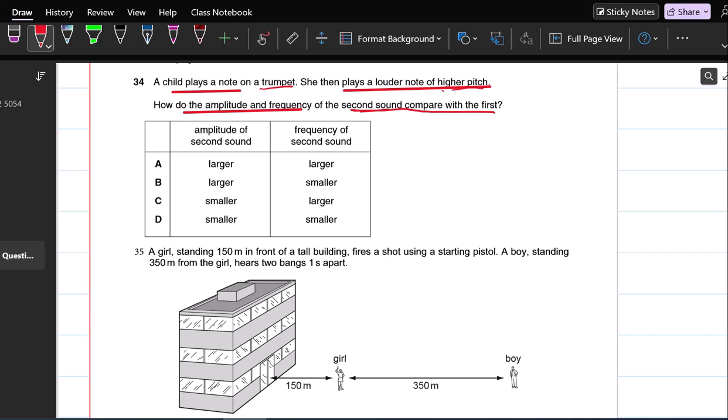Higher the pitch means higher the frequency, and louder means amplitude is large. So amplitude is going to be larger, frequency will be larger because pitch is high. So A is right here.